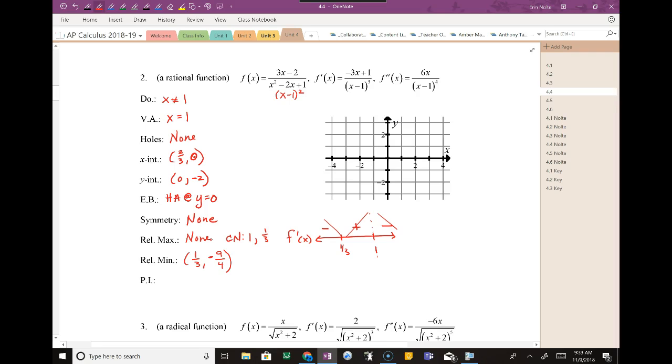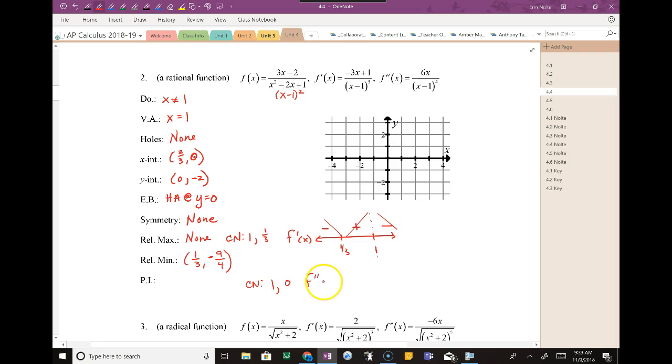Okay, and then the last piece now is using our point of inflection information. So I'm now working with the second derivative. So again, my critical values, I want to list my 1 again, because it makes my function undefined. And if I set the top equal to 0, I have 0.